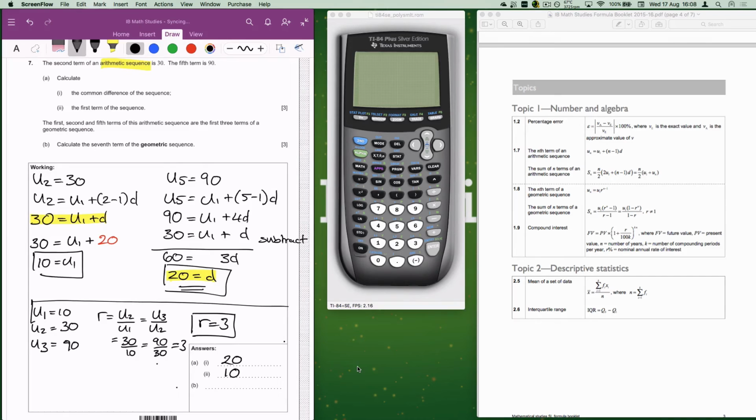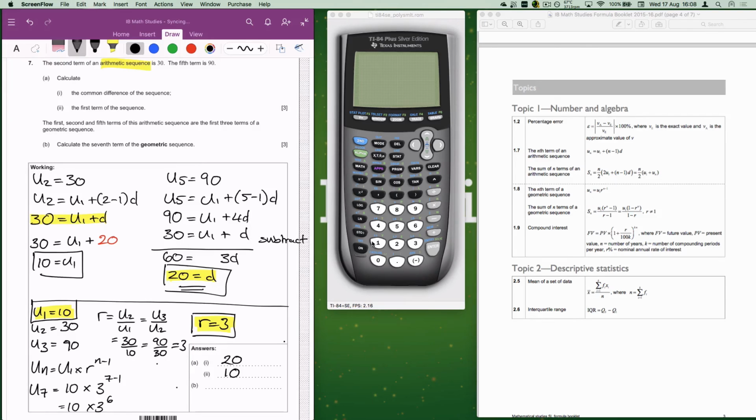So we've got our u1, we've got our r. So u1 is over here, r is over here. And if we look at our formula, we're told that u of n is equal to u1 times r to the n minus 1. So we can work out u of 7 is equal to 10 times 3 to the 7 minus 1, which is 10 times 3 to the 6.